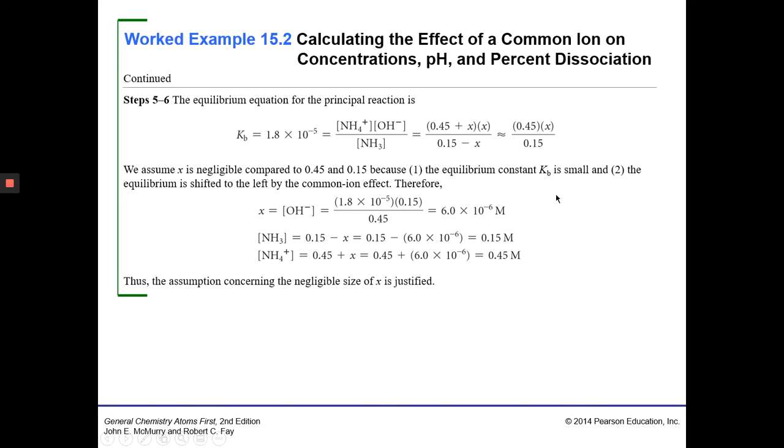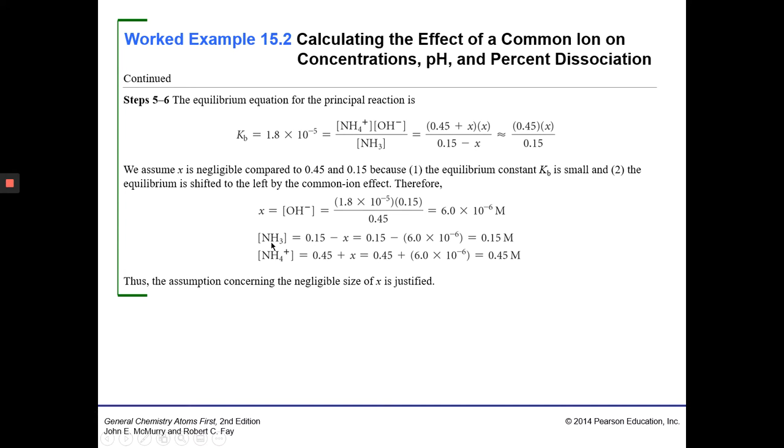When we solve, x is actually going to be the OH concentration, and that works out to 6.0 times 10 to the minus 6. And this is indeed much smaller than 0.15 and 0.45.